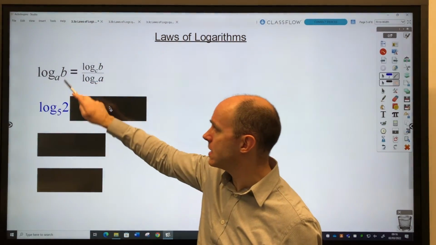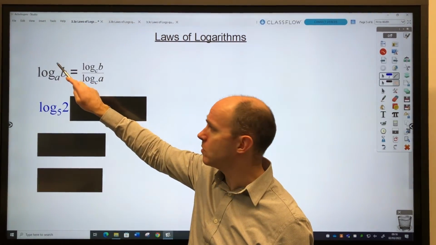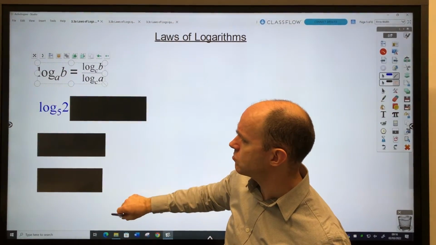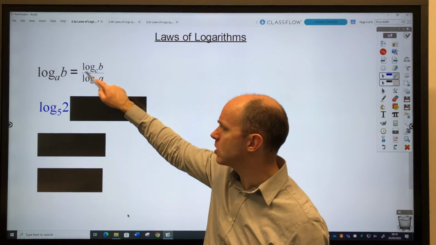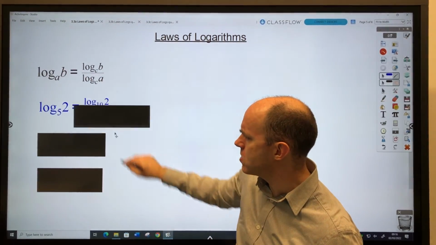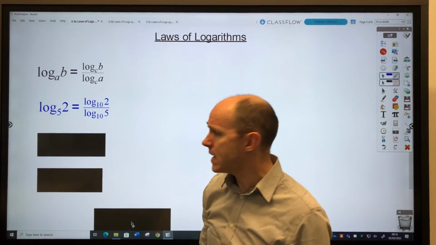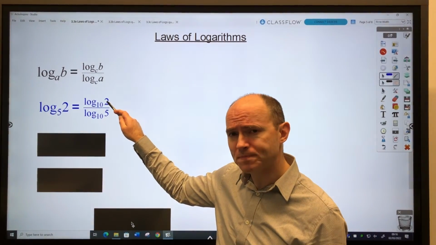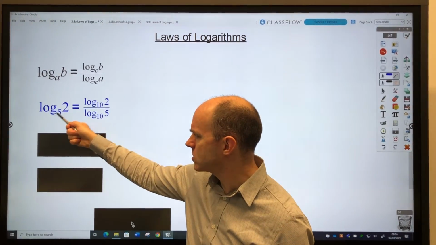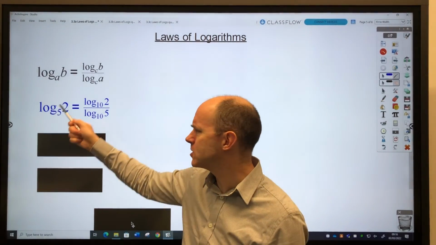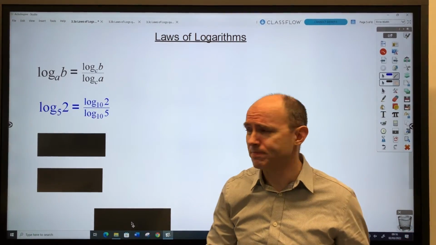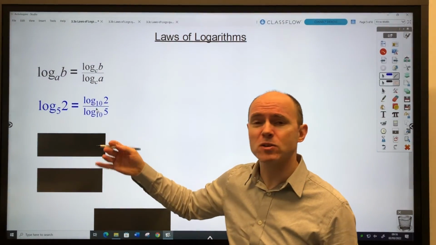So it reads as log base A of B is log base C of B all over log base C of A. And in this numerical example, change it to base 10, you get log base 10 of 2 over log base 10 of 5. The way I remember it is, it kind of looks like a fraction anyway, 2 over 5. It certainly looks like the 2 is on top of the 5. That's just the way I remember it. Then you can type that in your calculator and work out the answer.